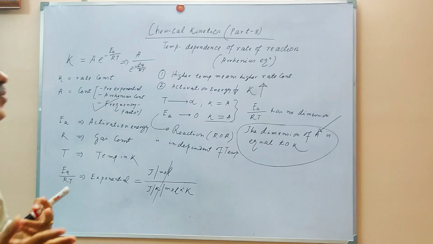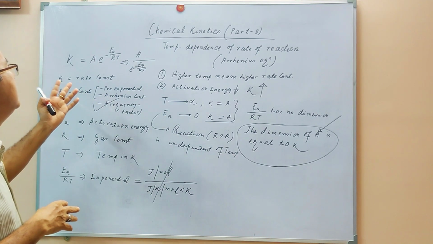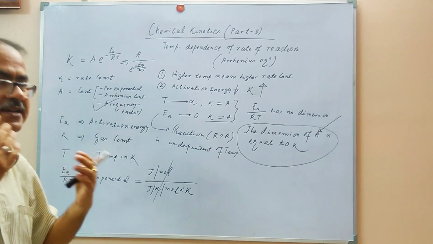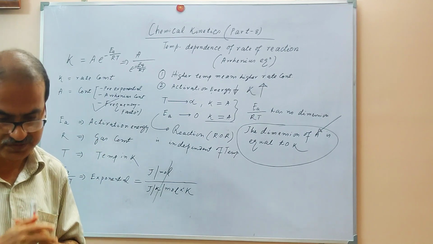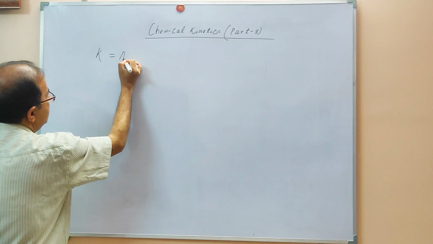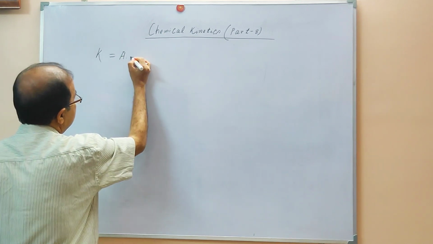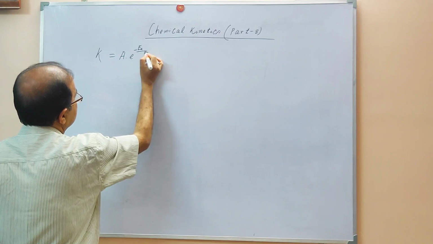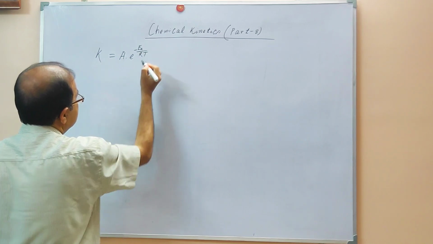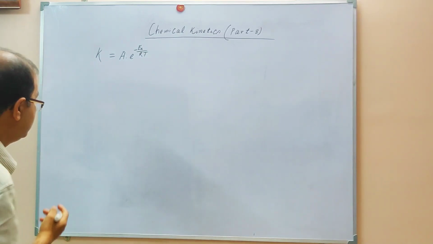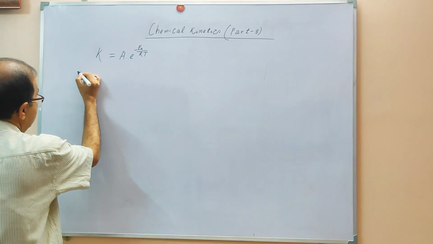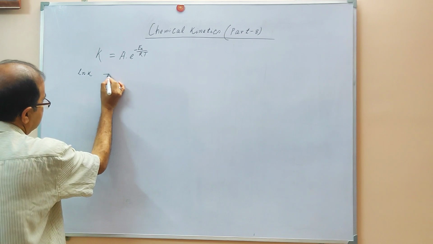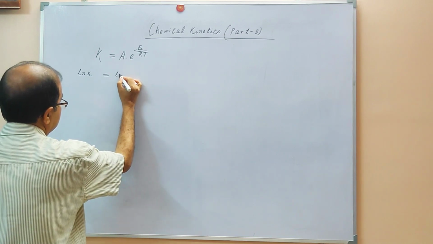In the next part, we will understand how this Arrhenius equation can be expanded into different forms. k is equal to A exponential of minus Ea by RT. Very simple relationship, and it will give a lot of information. Now we expand: we take the natural log on both sides, and we get this.